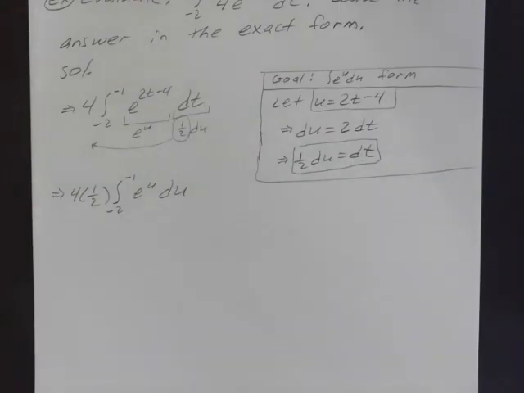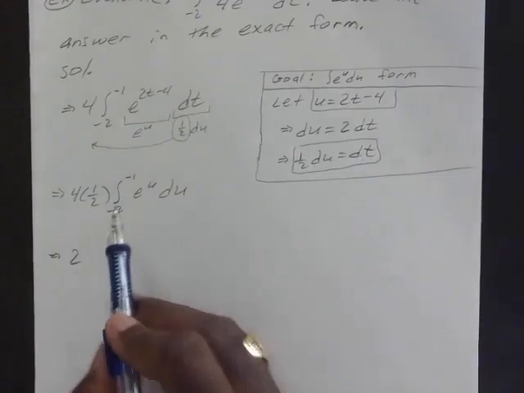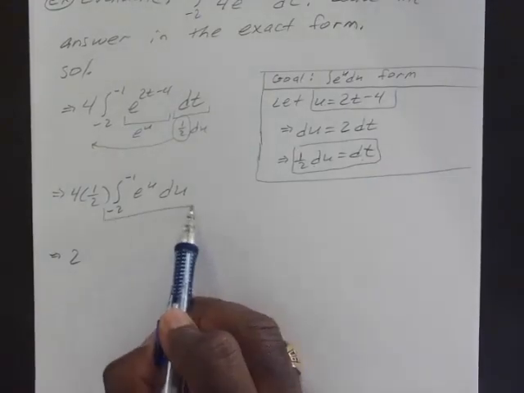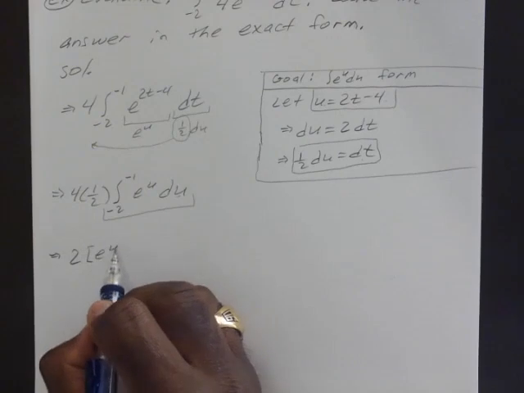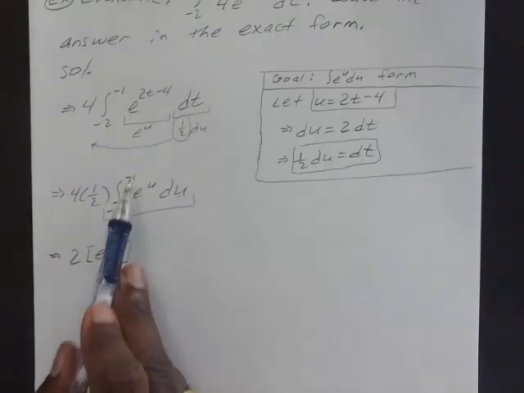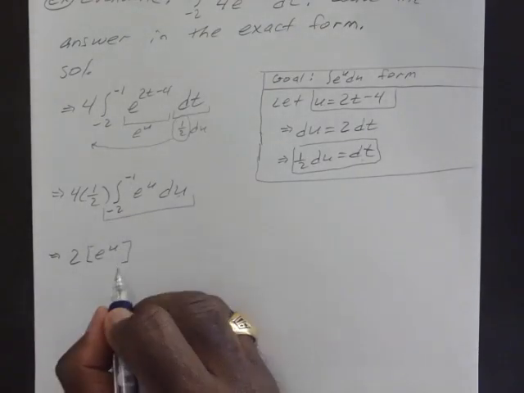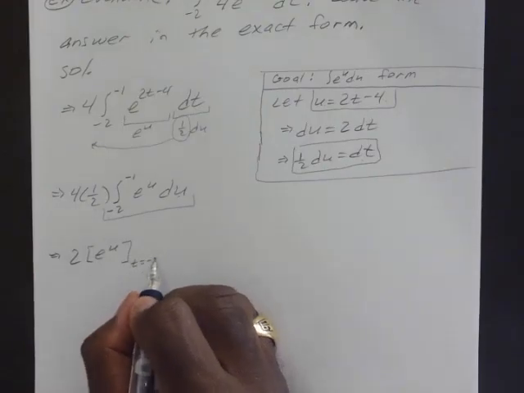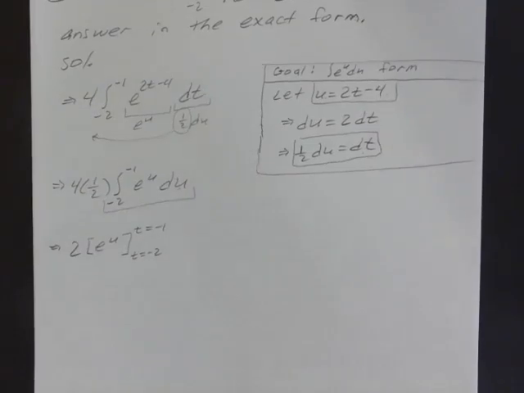So that 4 times 1/2, you can just replace that with 2. That integral of e to the power of u du is just e to the power of u. It's a definite integral, so we don't need the plus c since we have an upper and lower bound. But remember, this is from t equals -2 to t equals -1.